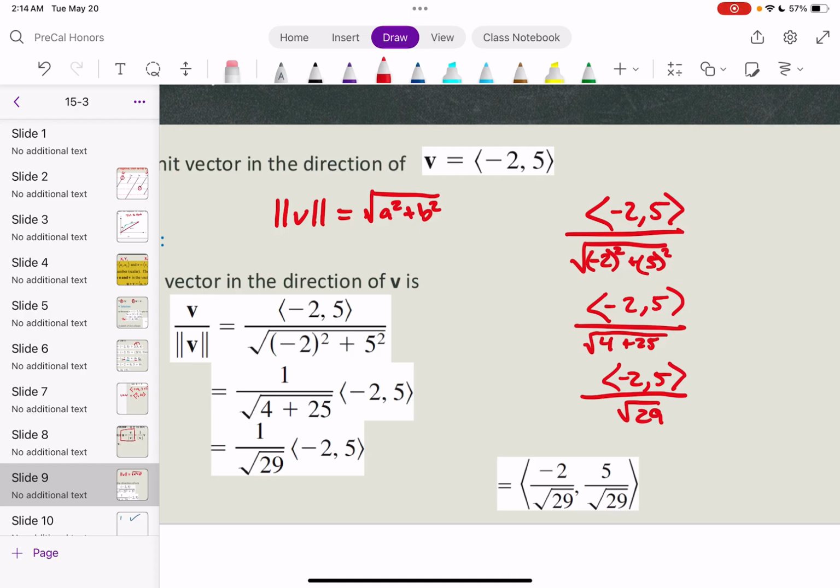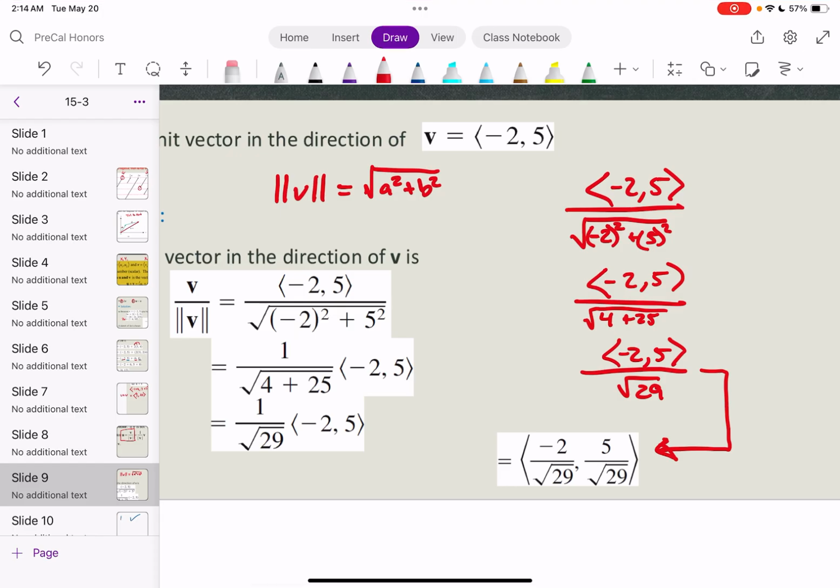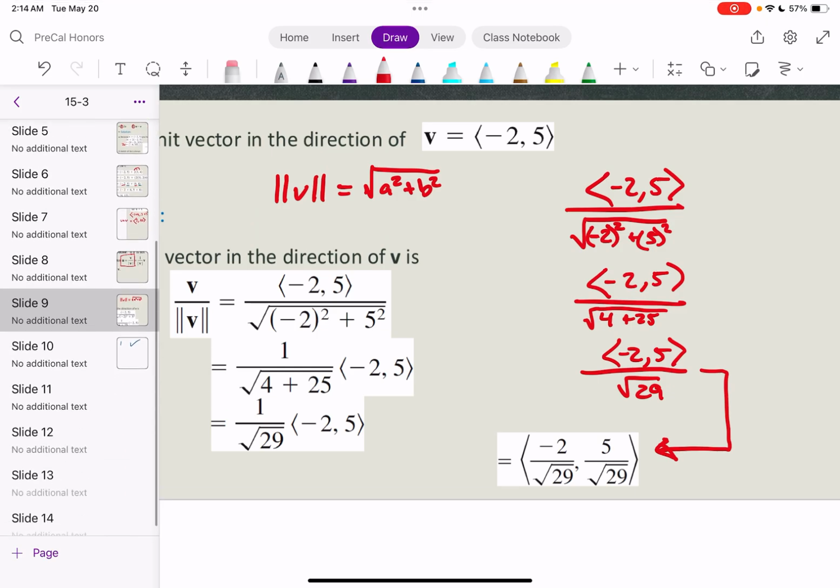So as you can see, our answer would be directly below as a vector of negative 2 over the square root of 29, comma, 5 over the square root of 29, close the vector off. Now, we do have the ability to go ahead and rationalize the denominator, but it would be perfectly fine to leave it with the square root of 29 in the denominator. It just depends on what we are covering within that given section.